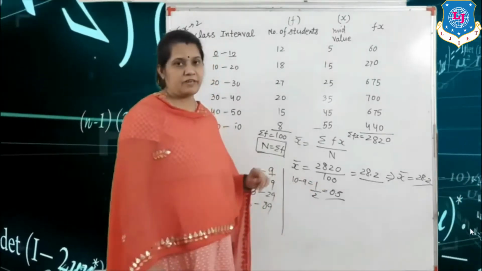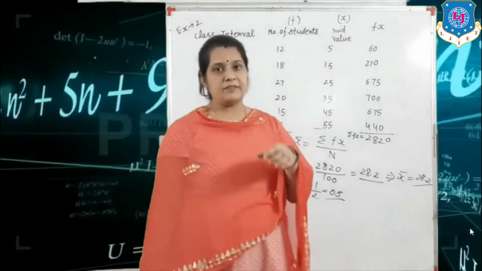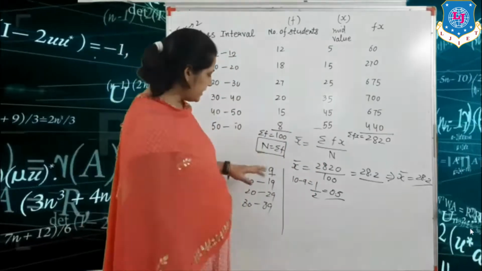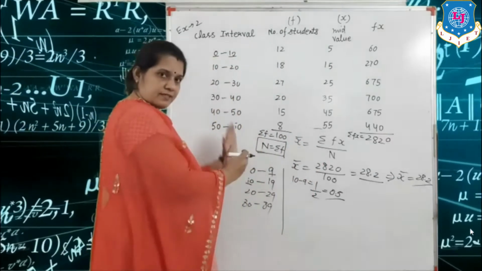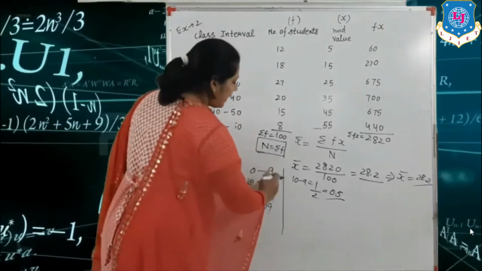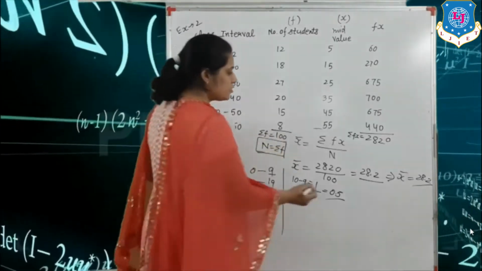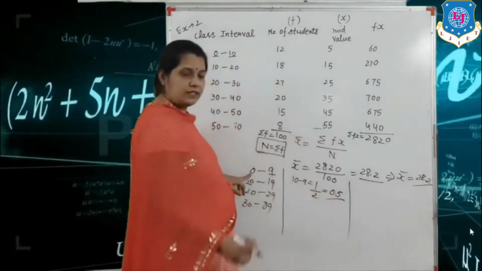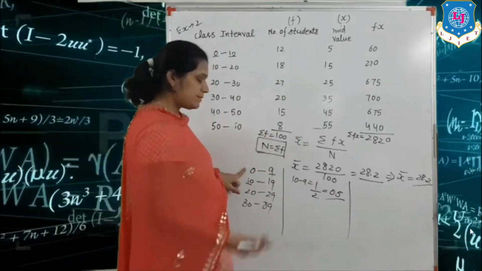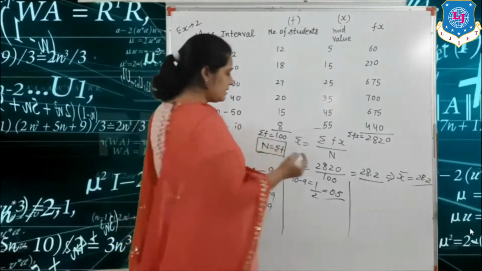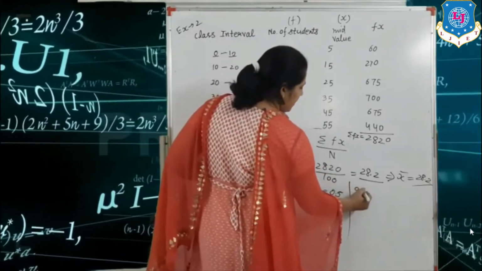So 0.5. This 0.5 you subtract from the lower limit on the left-hand side and add on the right-hand side.